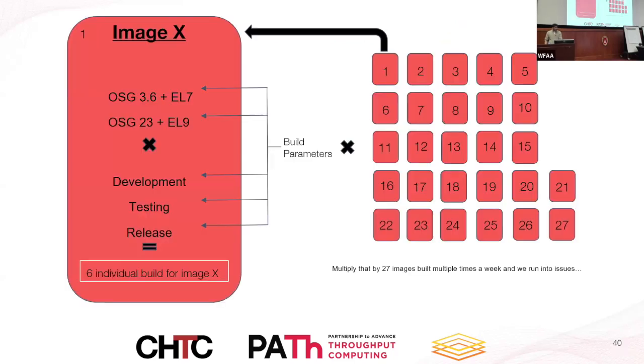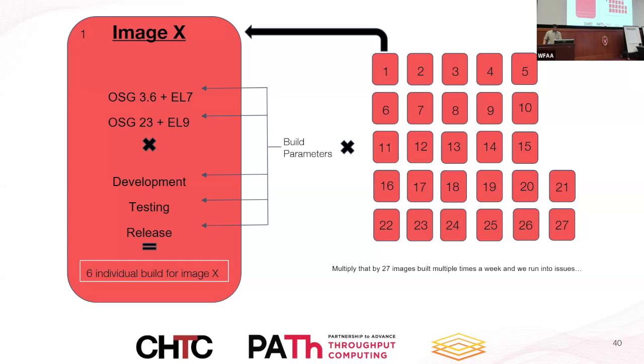So a closer look at what an image consists of. We have an image X here within our repository, and it contains these build parameters, software, and its versions, and these parameters are multiplied together, and we get a certain number of builds per image based on the parameters that the image is being built for.